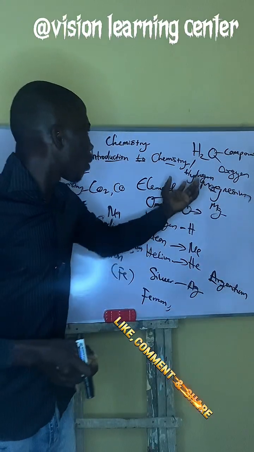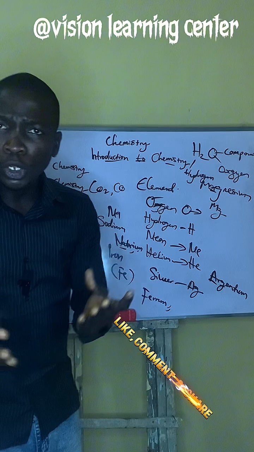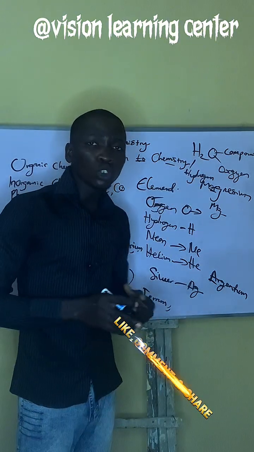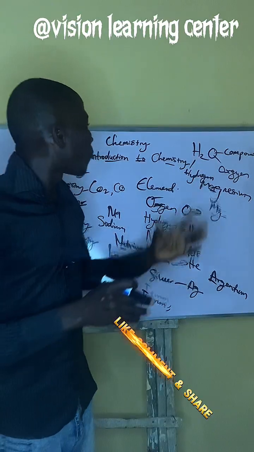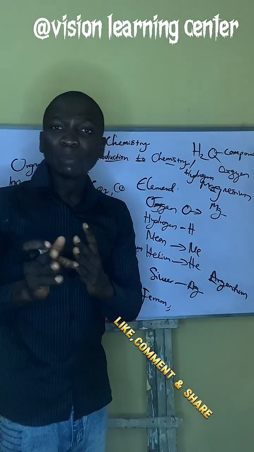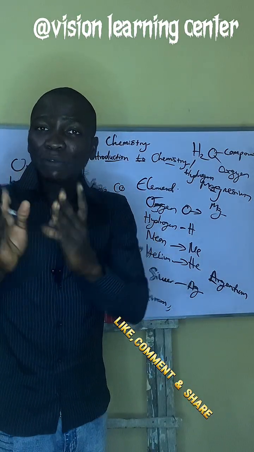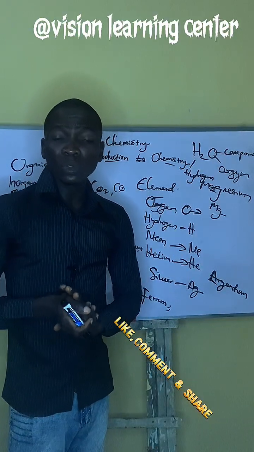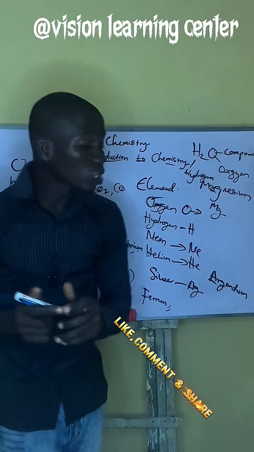And from this compound we have what we call a chemical equation. A chemical equation is the representation of elements to give a definite explanation.